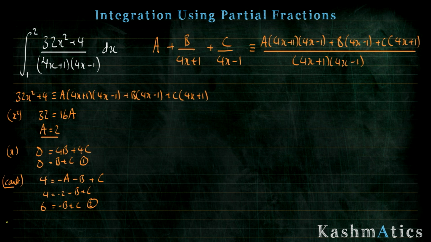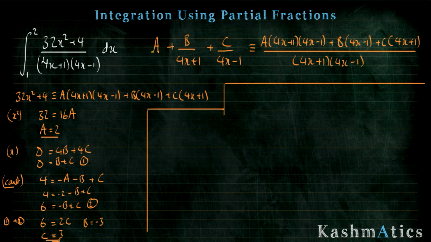Now if I add together equations 1 and 2, 0 plus 6 is 6, the b's cancel out to give me 2c, which means c is equal to 3, and then I can work out what b is. Because b plus c is 0, if c is 3, that means b is minus 3. So we're in a position now where we can rewrite our integral.